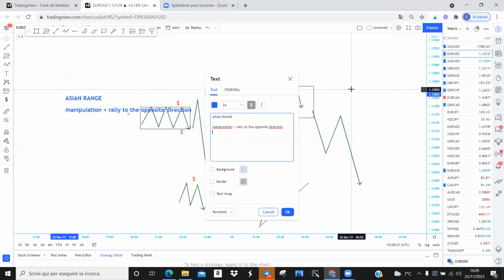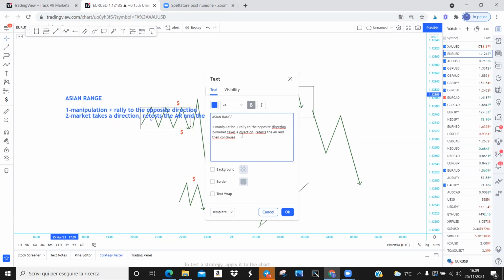Let's call it that the market takes a direction, retests the Asian range and then continues. This is option 1, option 2. Then we have that.